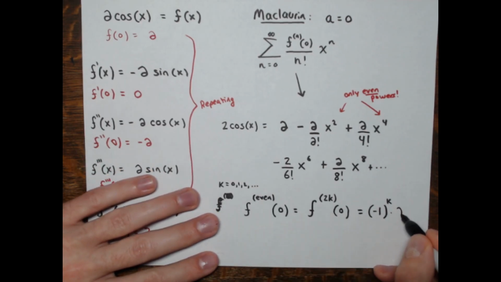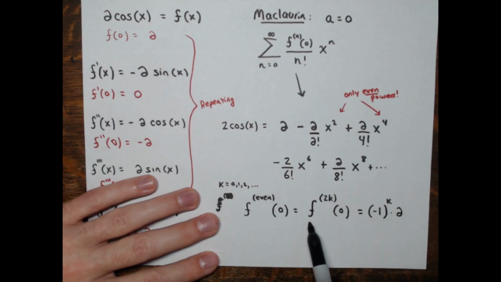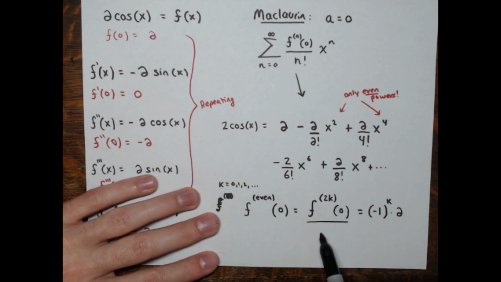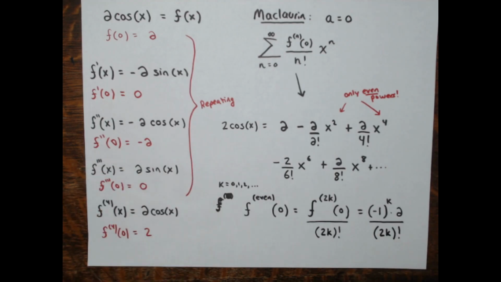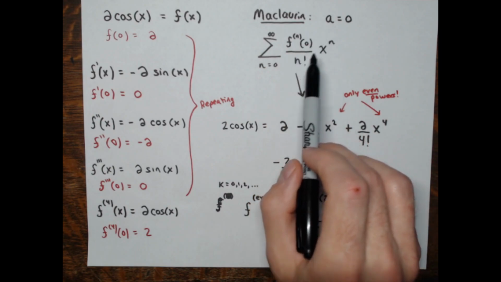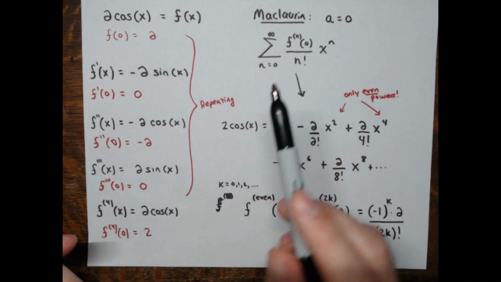This was alternating 2's. And then for the coefficients in our polynomial, we just divide by the value of that derivative, factorial. So whatever 2k is, factorial. So basically up here, I'm replacing all my n's with 2k, and I'll just replace n with k.